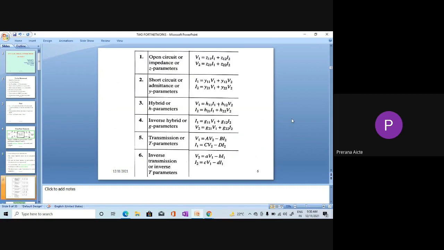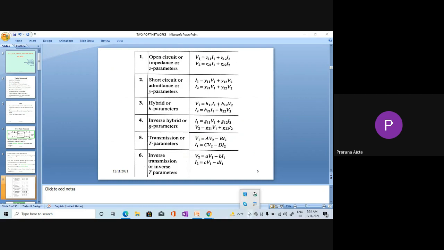This is very important information that you are observing. I said we have six parameters. We have six types of conversion in order to examine your circuit. Among the six, number one is impedance parameters, called Z parameters.